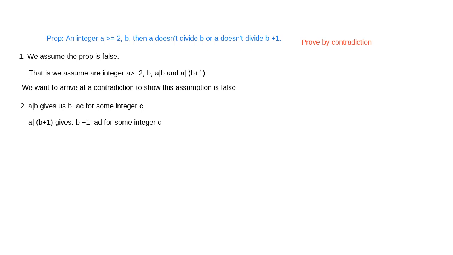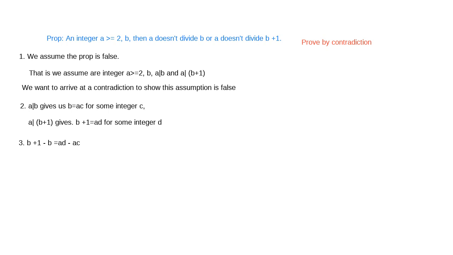Now let's do some calculation, right? B equals to AC, B plus 1 equals to AD. Let's do B plus 1 minus B. B plus 1 is AD, B is AC.